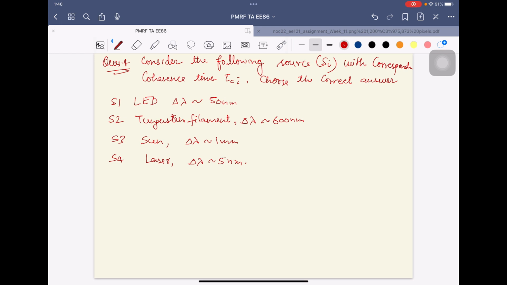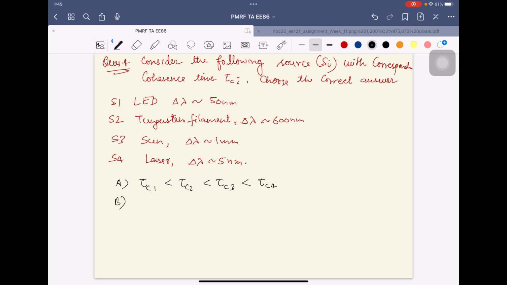We have to arrange them. Option A is tau c1 is less than tau c2 is less than tau c3 is less than tau c4.